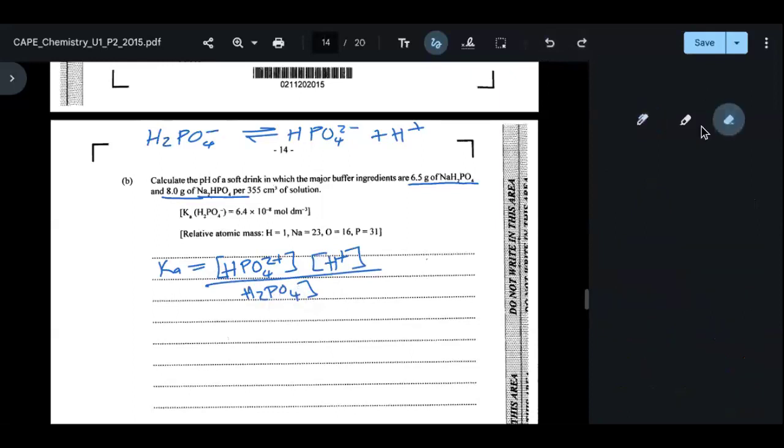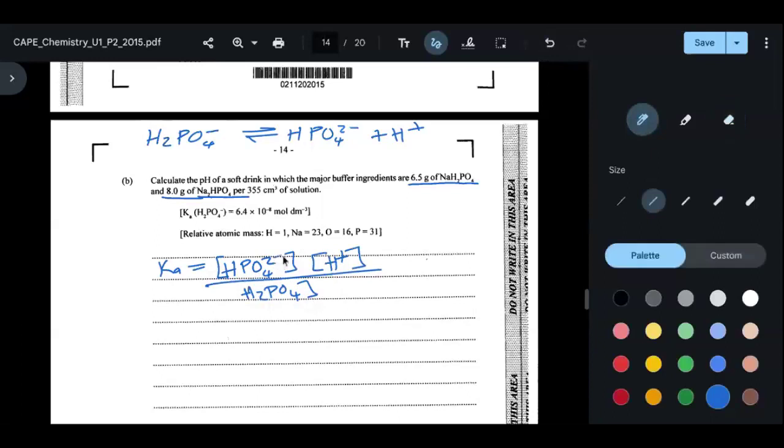Why did I have plus there? I move too fast. H2PO4 minus. Now, if you want H plus, if you don't understand this transposing, you let me know.